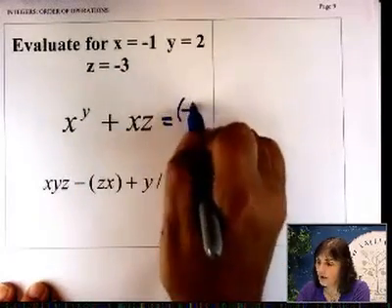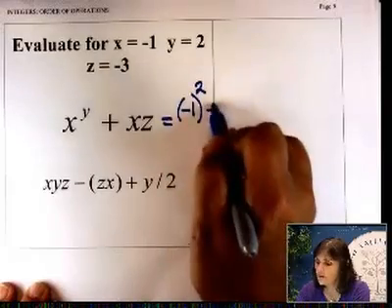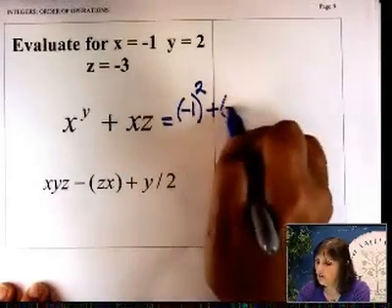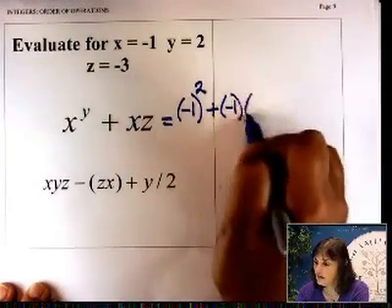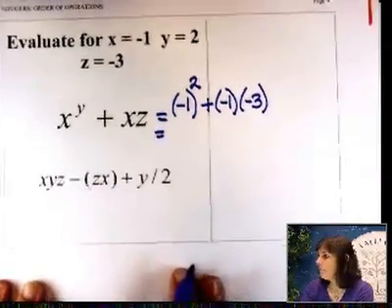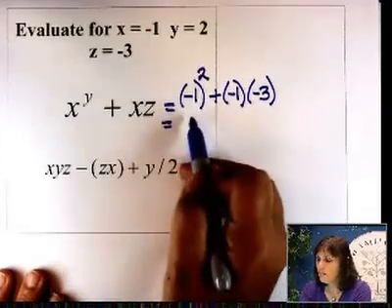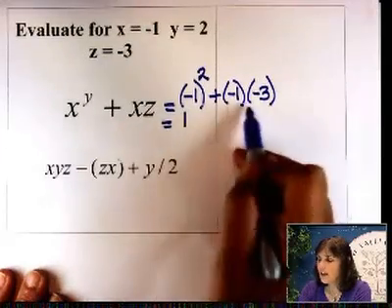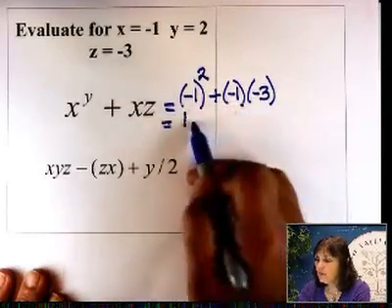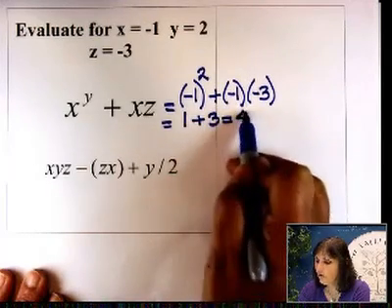So you have negative 1 to the y is 2, plus x is negative 1, z is negative 3. Now let's do the exponent. You have negative 1 squared, that's 1. And this one is double negative, so that's a positive. 3 plus 1, 4.